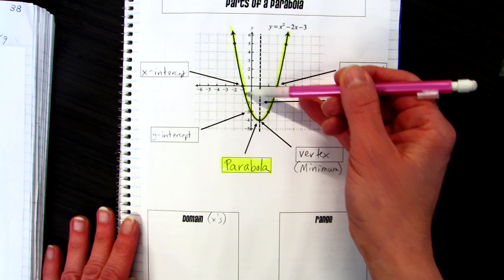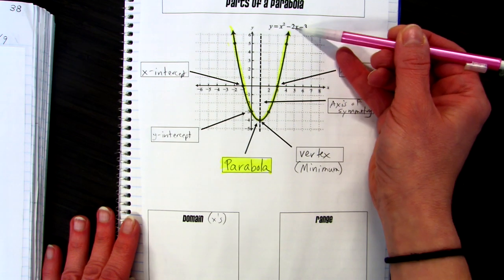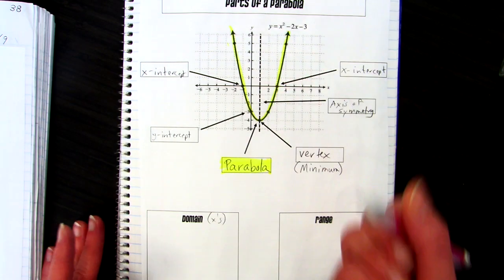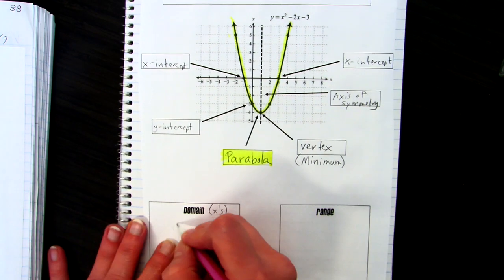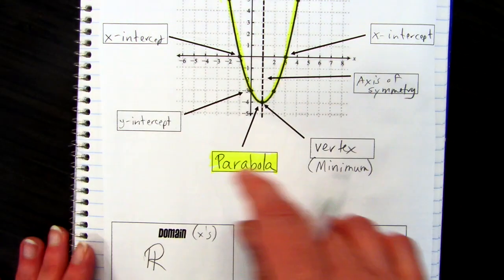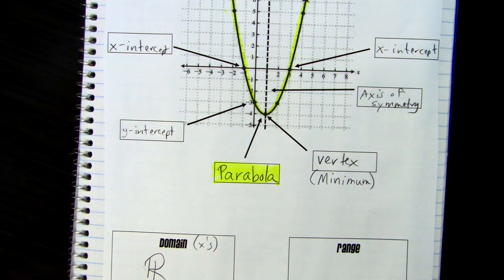We're going to look at the left end. It has an arrow that goes forever. It's continuous. It goes to an arrow going to the right. So for the x's, I could use as an input any number I want. They often call that all real numbers. Okay? So I can put in any x. There's no place where this parabola stops.